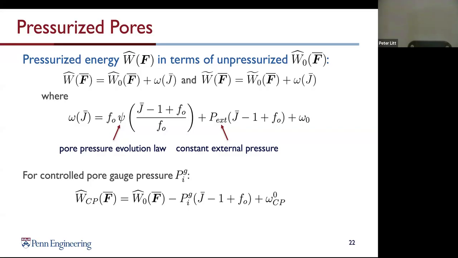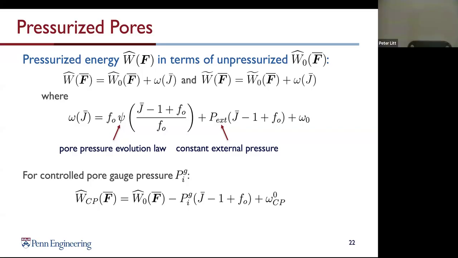But in theory, you could either cap off the ends and have some gas fixed inside such that it behaves, let's say, like an ideal gas, or you could have some pump fixed to the end that allows you to control the pressure throughout the deformation. But you're only concerned with the bulk behavior anyway. Yeah, and either of those cases or any other type of pressure evolution law would fit into this model. You just choose your C for that.